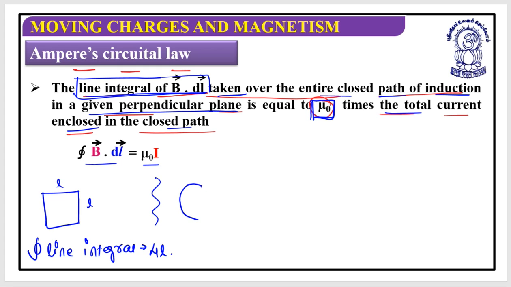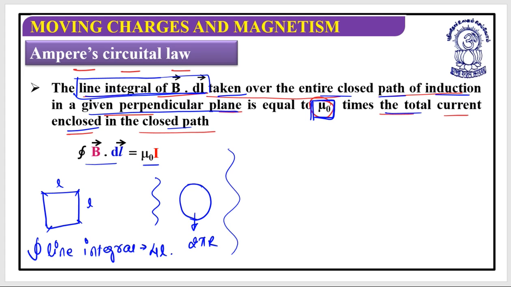Let's say I take a circle and take a line integral of it, it is 2 pi r. Exactly, you are adding up every length of your figure. Or you can say you are calculating the perimeter. I hope you remember this.